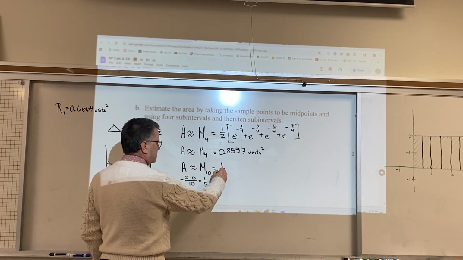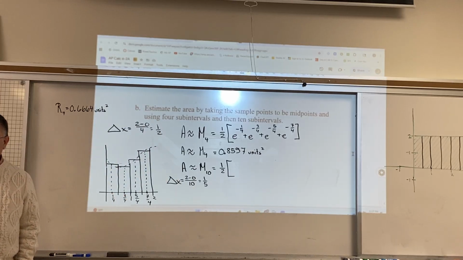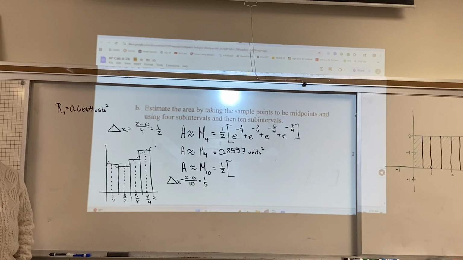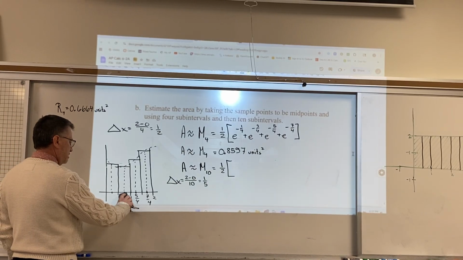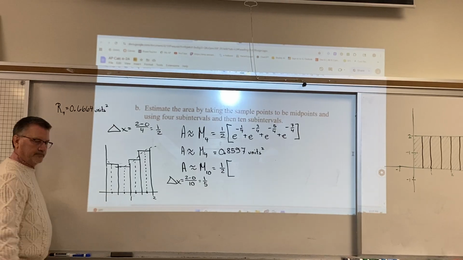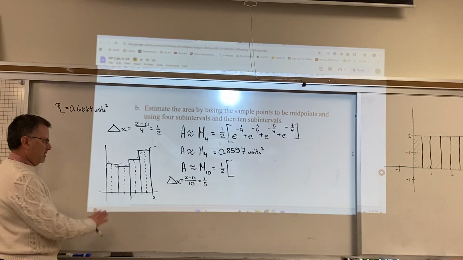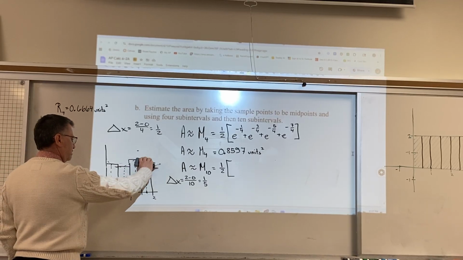Well, the width isn't gonna change of each rectangle, but the x values are gonna change. And if each width is 1/5, and I'm going between 1 and 2, I'm gonna have a whole bunch more. But what is the first?